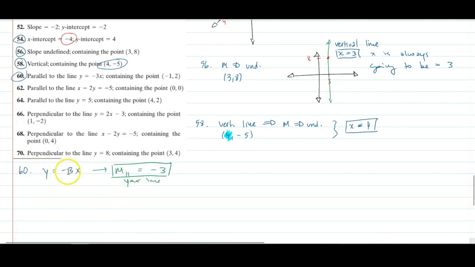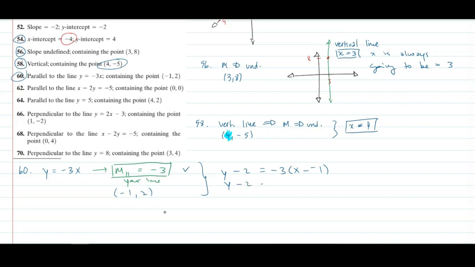So the slope of your line, this is your line, okay, and this is a different line. Y equals negative 3x is a different line. So your line has a slope of negative 3. So now you've got something. You've got a slope. What else you need is a point, right? So look around in number 60. Do they provide you with a point? And they certainly do. They tell you that the point is (-1, 2). Again, with those two things, you can make the equation of your line, which is y minus 2 is equal to negative 3 times x minus negative 1.